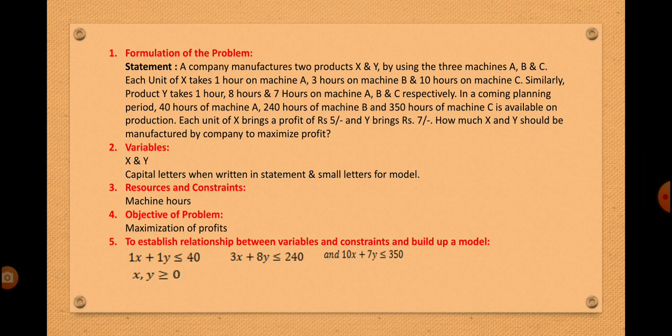In the coming planning period, 40 hours of machine A, 240 hours of machine B and 350 hours of machine C are available for production. Each unit of X brings a profit of rupees 5 and Y brings 7 rupees. So the statement is: how much X and Y should be manufactured by the company to maximize the profit?